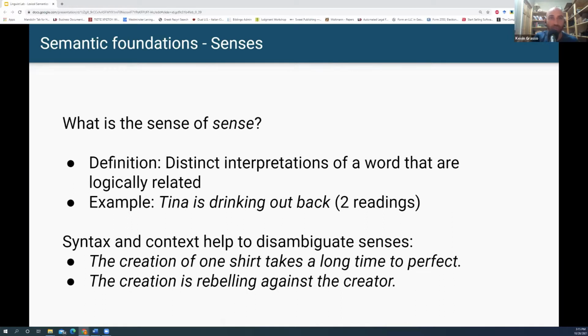Those things lead us to interpret it as an actual thing in the world, rather than an event. That's the idea. We do this automatically all the time. There are so many different ways that we disambiguate senses. This is just one example of many that we could talk about, where it's been noticed and talked about a lot in the literature that you have these different senses with these kinds of nouns.